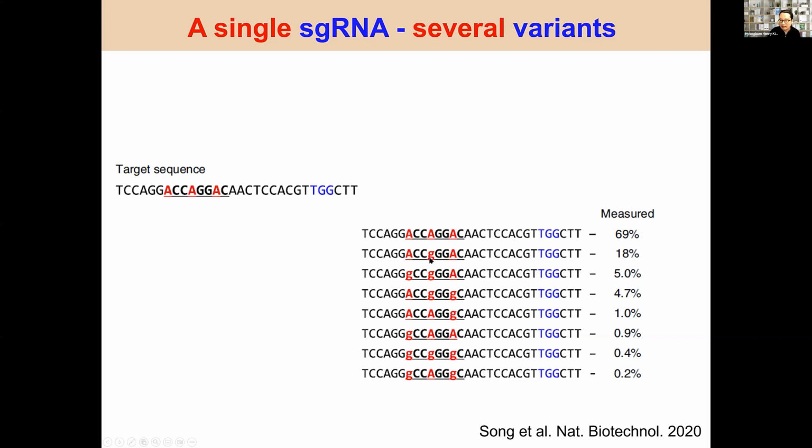Usually only one of them is converted: the middle one, the first one, or the last one. So 8 different variants can be generated by a single guide RNA. But we need to find which one; in this case, this is the dominant variant generated by this base editor.